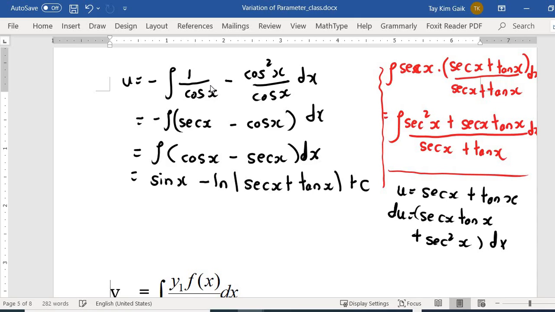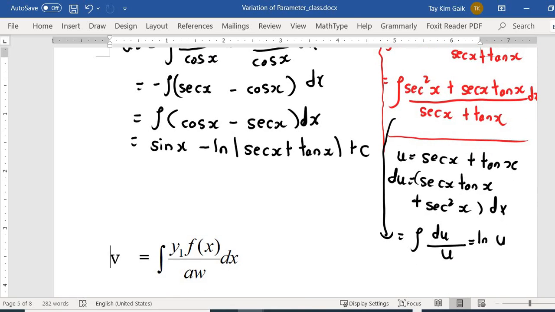So you notice this changes to the integral of du over u, since the numerator becomes du. The integral of du over u gives ln u, where u is secant x plus tangent x.